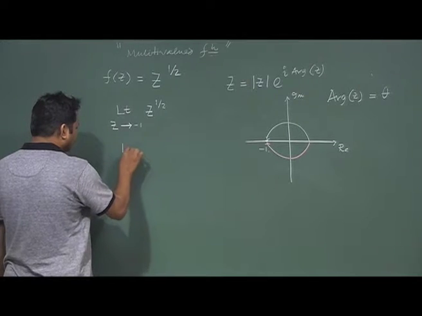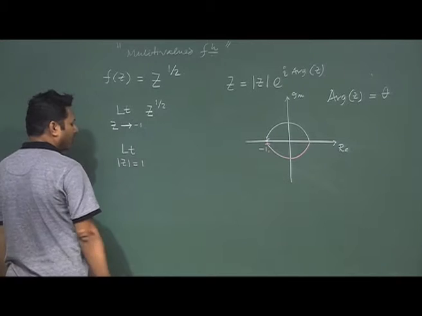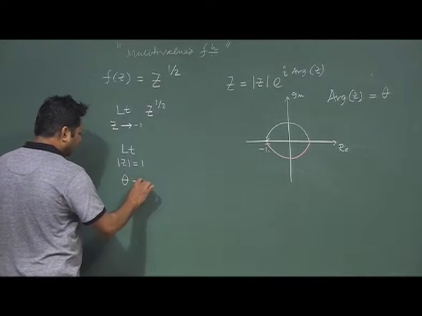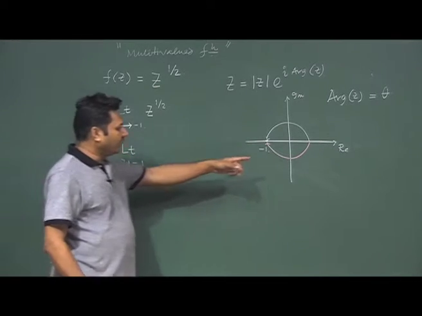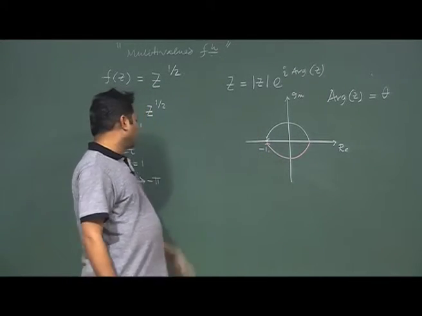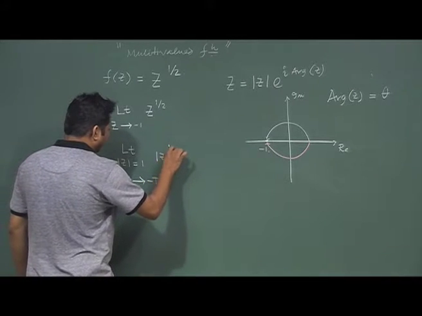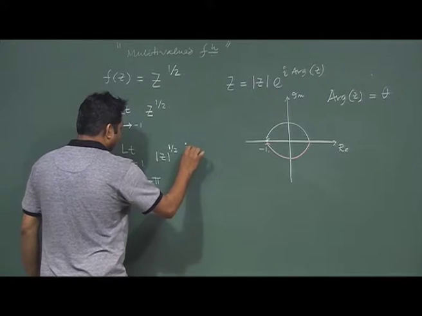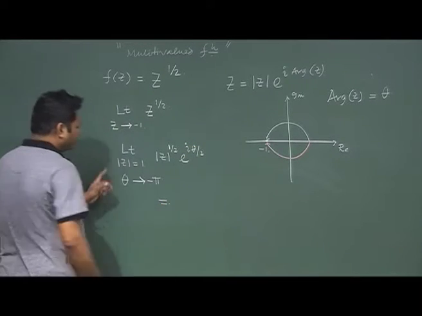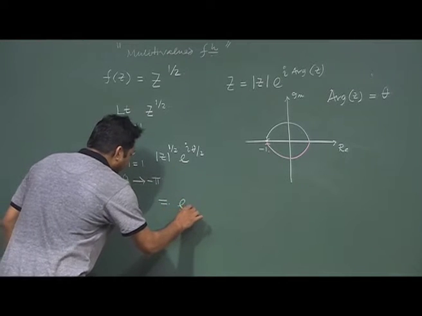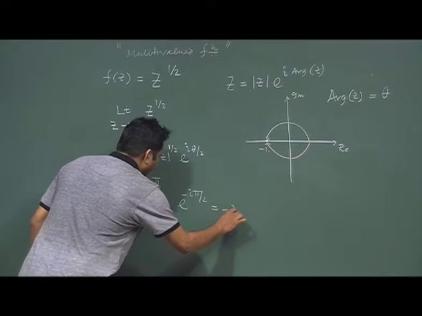So now this limit is modified as mod of z equal to 1 and theta approaching minus pi, because I am going to this point from the other direction. Then z to the power half is e to the power i theta by 2. If I put this limit here, you will readily find that it will be e to the power minus i pi by 2, which is minus i.